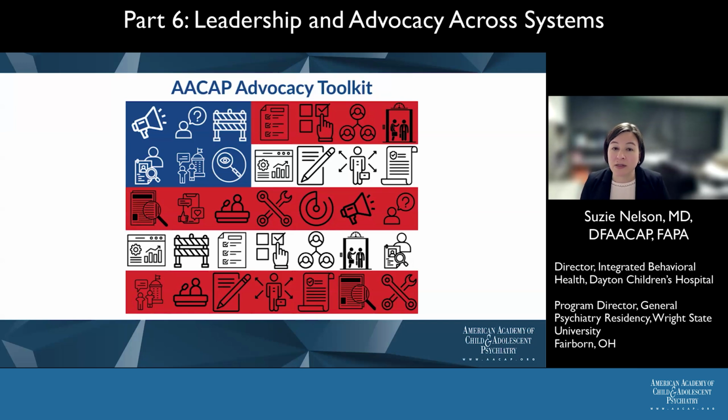These are all skills that you can find helpful tools for within the toolkit and that you can develop yourself. They are definitely within reach for all of us who are practicing in child mental health, where we have this investment in where we want child mental health access to go.